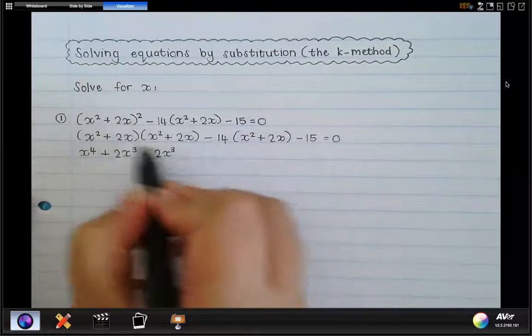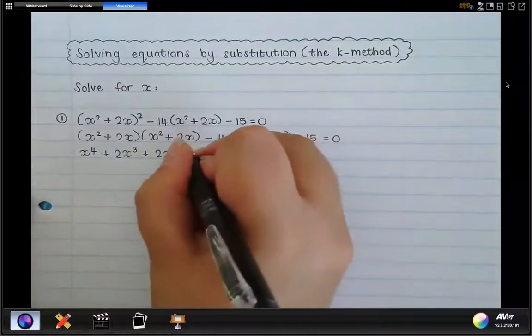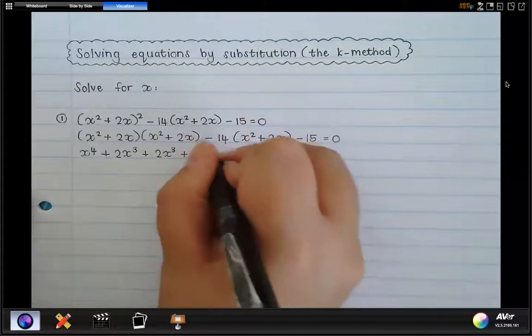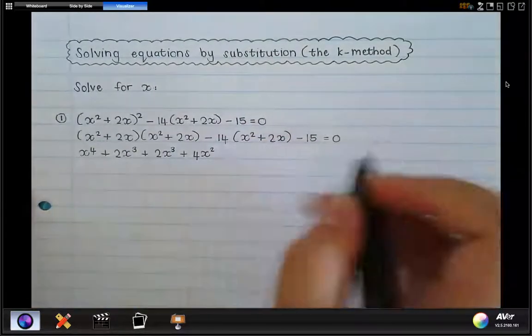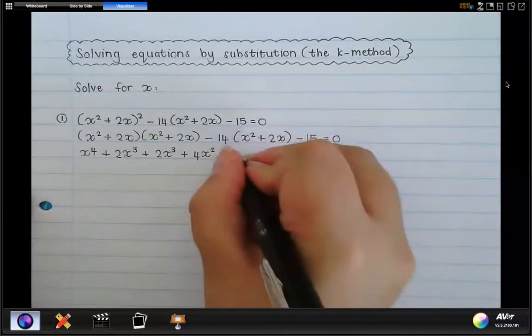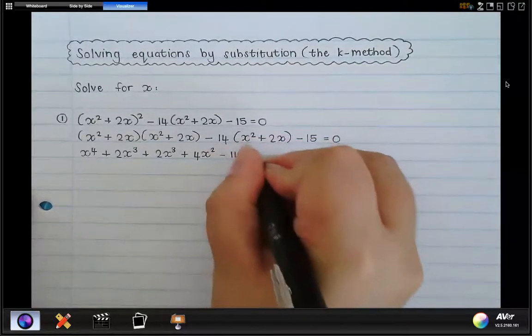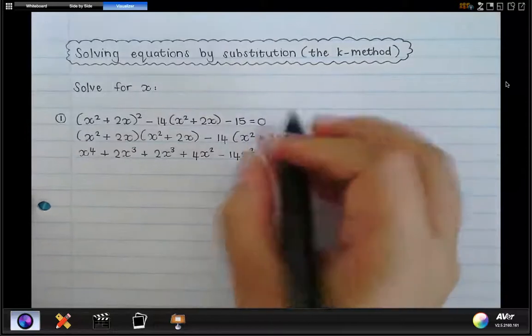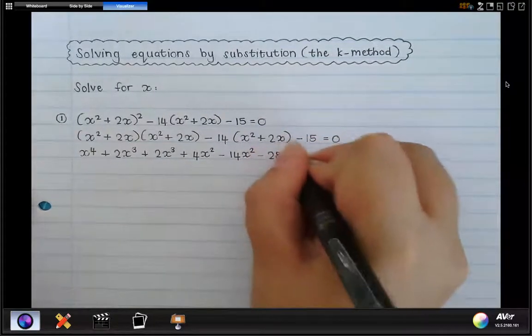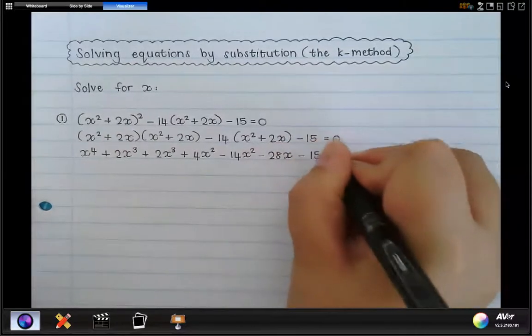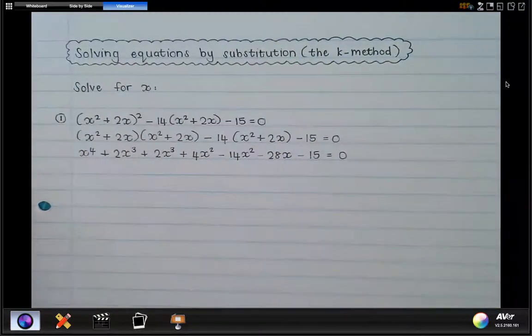Then the last: 2x times 2x is 4x squared. So that is what we get when we FOIL those brackets out. Now let's multiply the negative 14 in: negative 14 times x squared is negative 14x squared, and negative 14 times 2x gives negative 28x, minus 15 equal to 0.